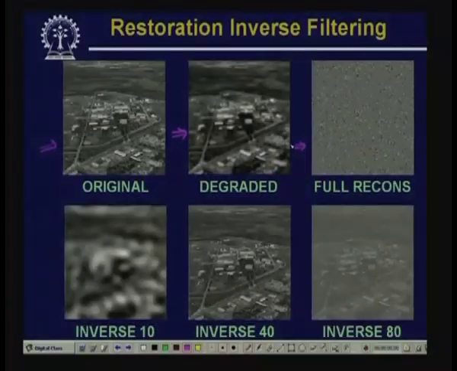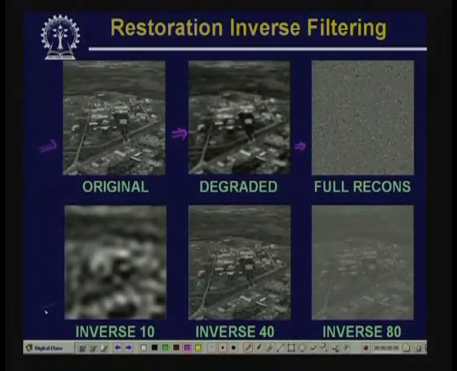That is what has been demonstrated here: this image was reconstructed considering all values of u and v, and this fully reconstructed image does not contain the information that we want. So, along with inverse filtering, we have to employ some sort of low pass filtering operation, so that the higher frequency components, or the higher values of u and v, will not be considered for the reconstruction.